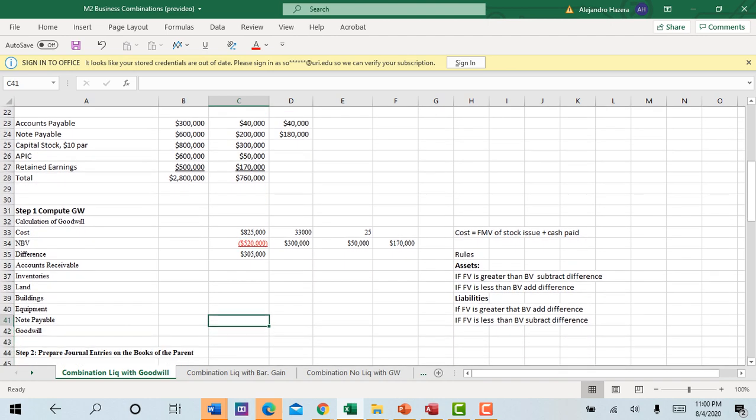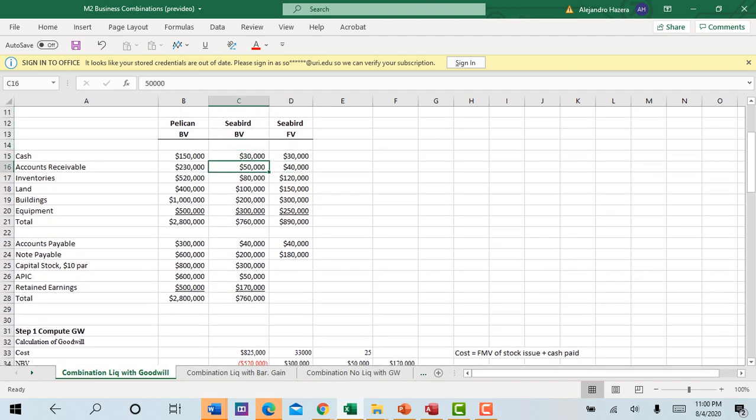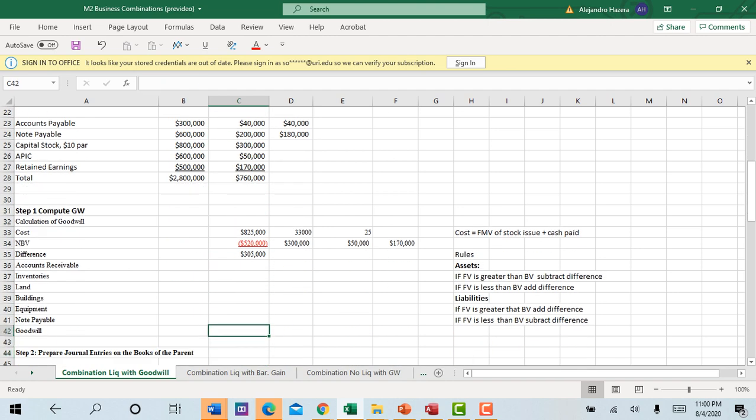So we're going to try to identify tangible assets for which their fair values differ from their book values. That's one of the reasons you might overpay. Any leftover is goodwill. Goodwill, by definition, is the part of this payment that you can't identify with any specific asset.